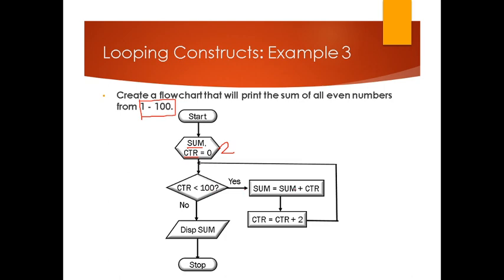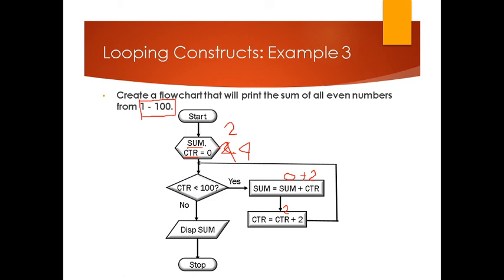Yes. So sum ganina, which is 0, plus 2, of course, that's 2, right? So CTR, which is 2 plus 2, was the answer, 4. This time, this is not 2 already. This is 4. And the sum is 2.